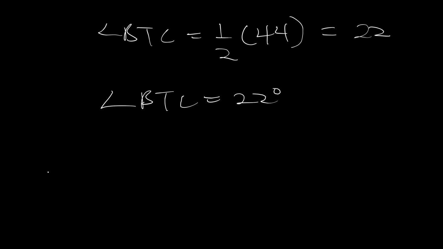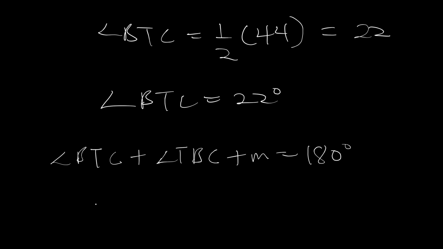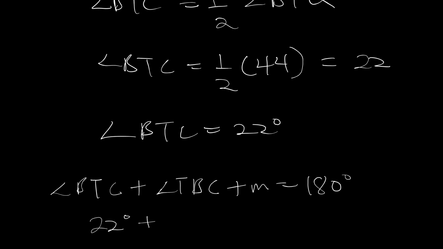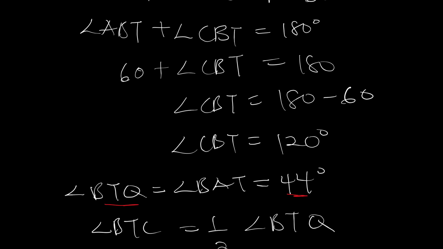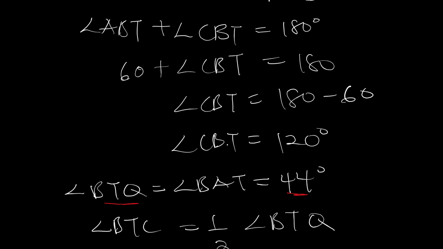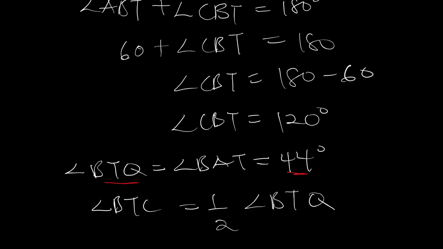So we can say that angle BTC plus angle TBC plus M is equal to 180. And we know our BTC is 22 degrees. Our TBC is what we found. TBC is the same as CBT, so it's 120 degrees.